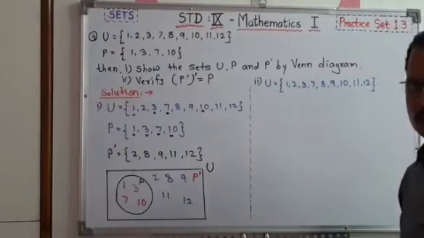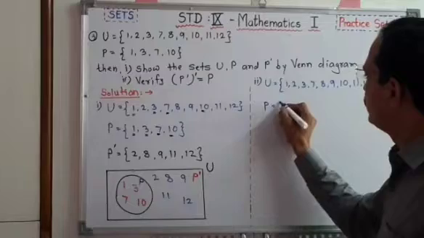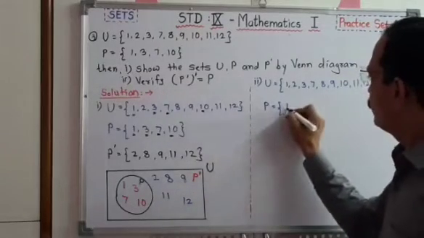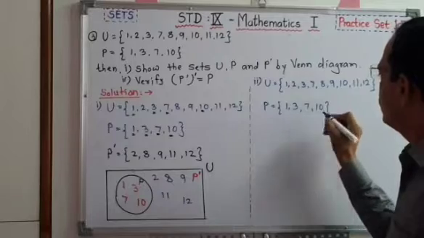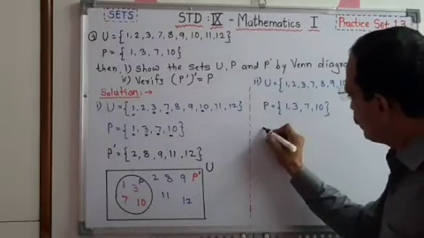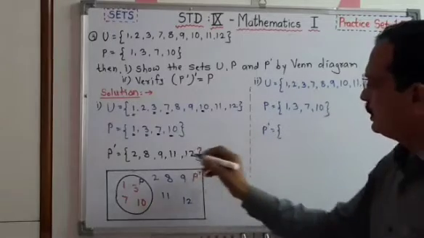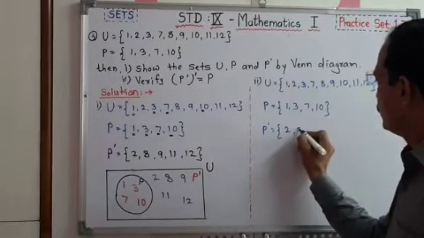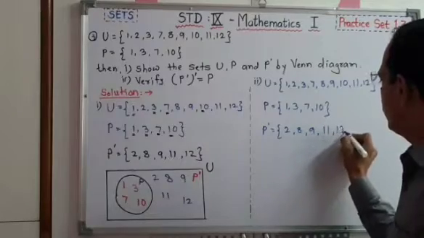Then take down the set P: 1, 3, 7 and 10. Now we write P complement: 2, 8, 9, 11 and 12.